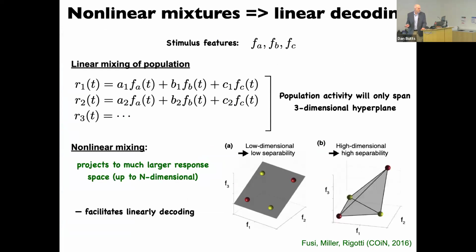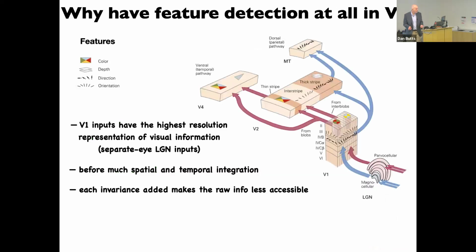In contrast, nonlinear mixing can project different features into a much higher dimensionality of the space, which can then be closer to the dimensionality of the number of neurons, or at least some fraction. And so it's thought that nonlinear mixing is extremely important to facilitate downstream decoding. In that sense, you might wonder why we would have feature detectors at all if you could just nonlinearly mix everything together and then easily decode it.